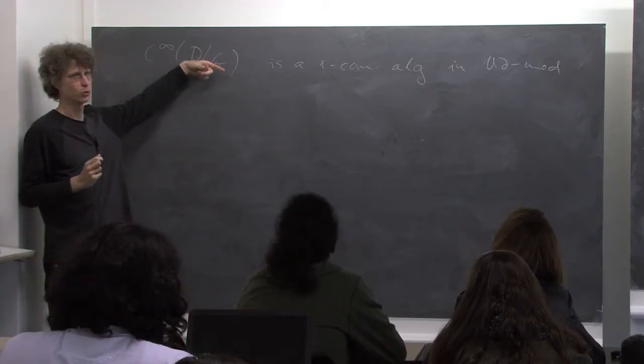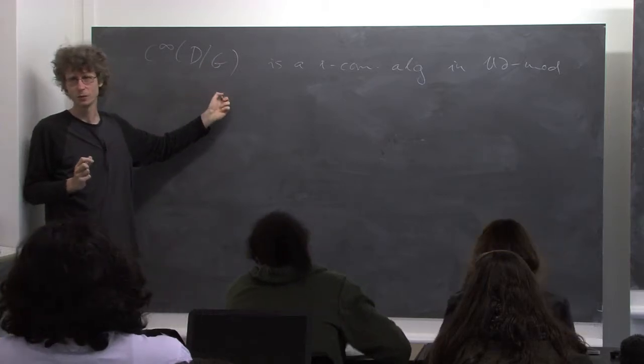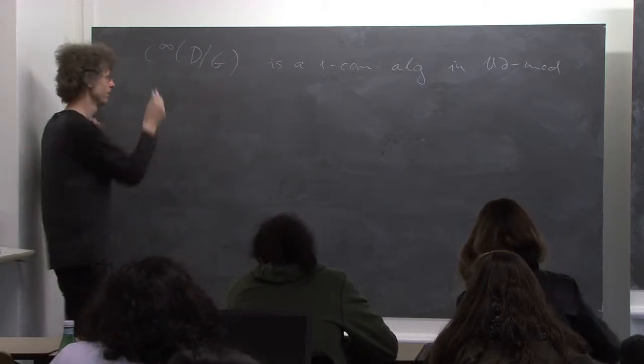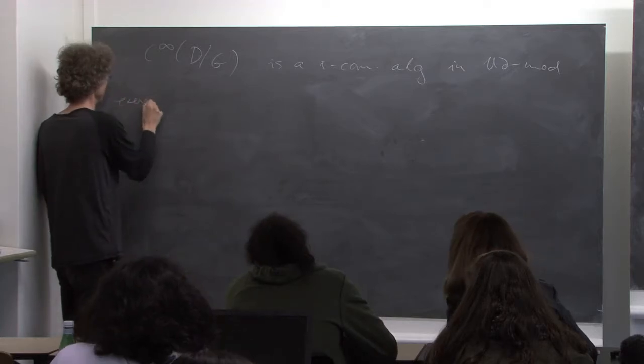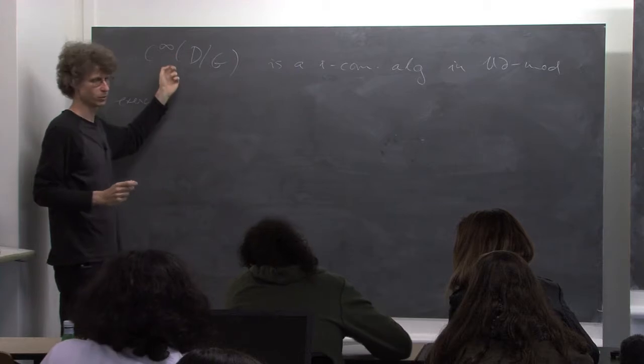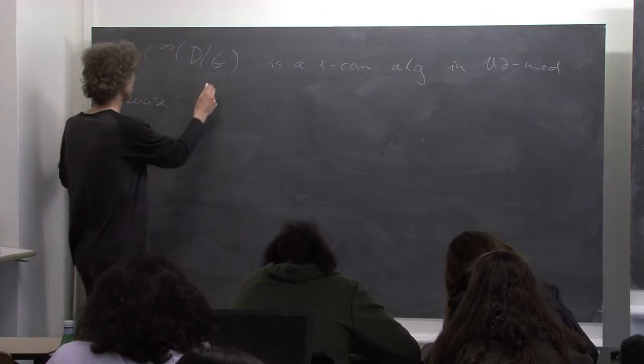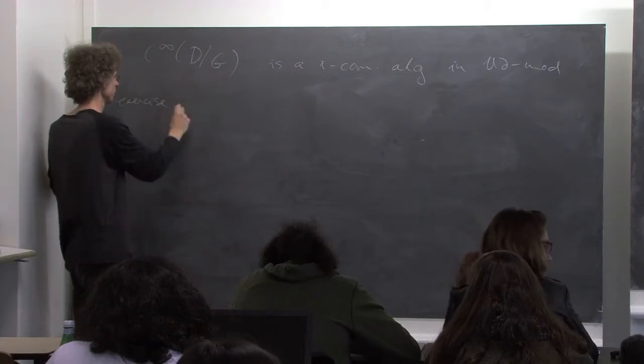So this is some kind of more geometric version of some other statement that I can write now and leave as an exercise. So this more algebraic statement, which doesn't talk about C infinity or anything, is that when you take, let's talk about coalgebras.